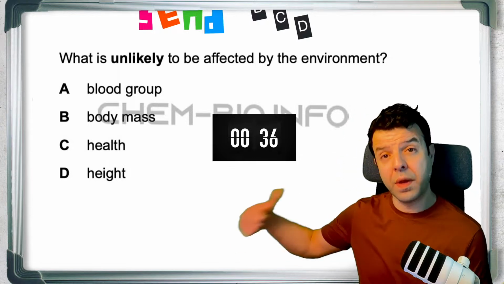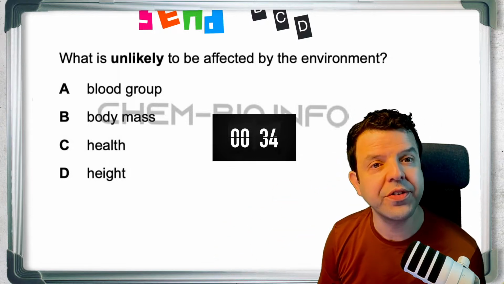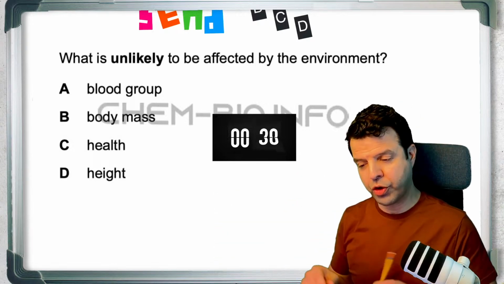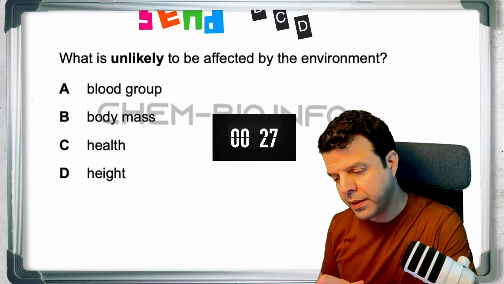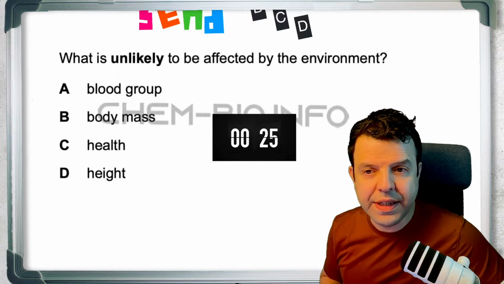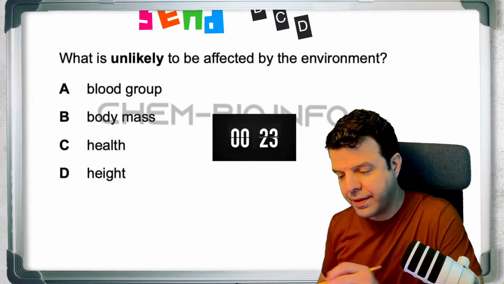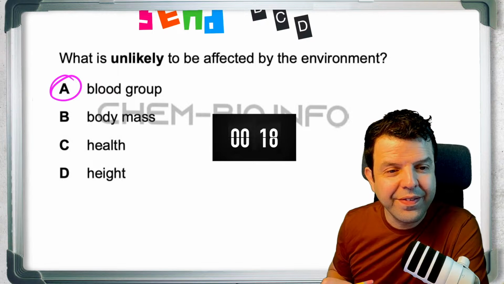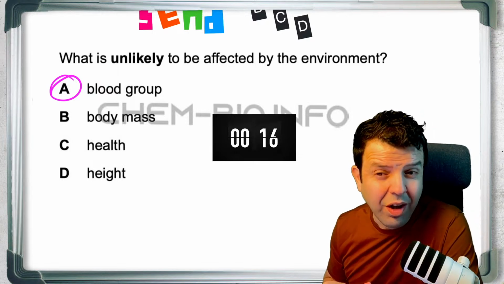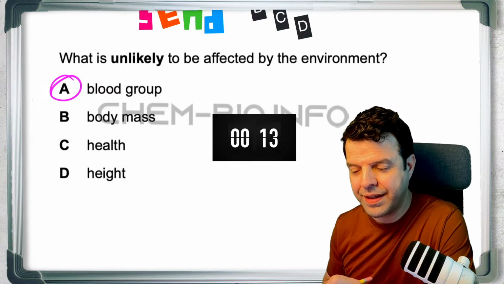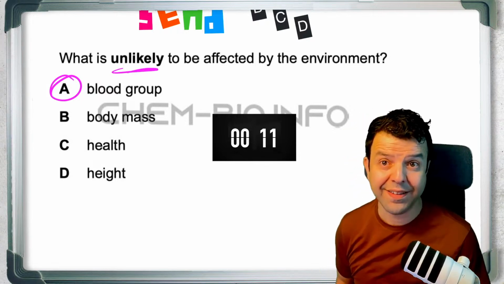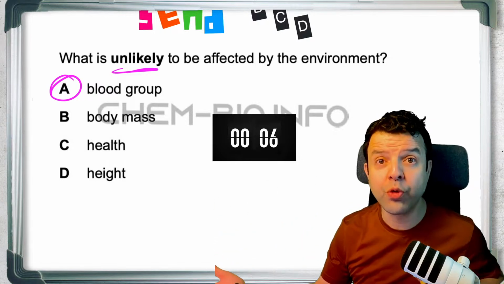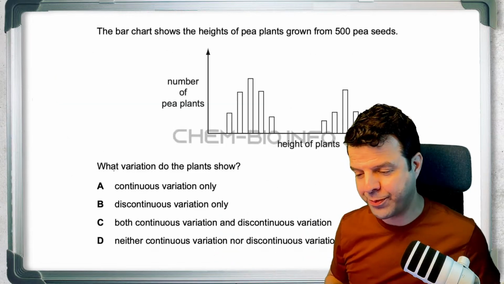Yes, because the mom has inherited this feature from her parents and she passed it on to her children. So obviously it's here, right? Health is affected by the environment. Don't you get sick if you're eating unhealthy or you're exposed to pathogens?